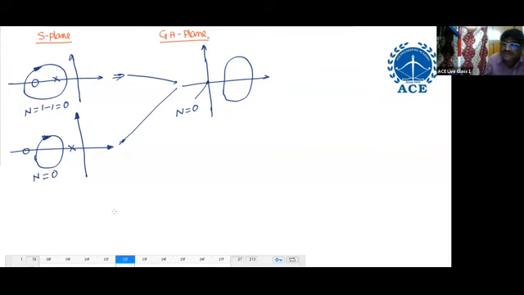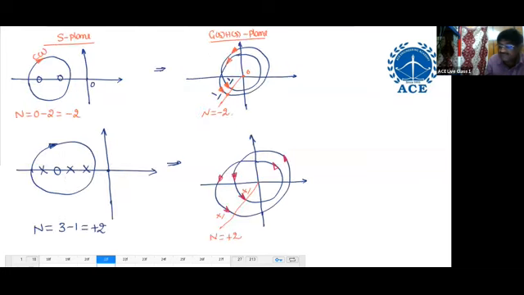The wrong direction I had taken. This is anti-clockwise. Oh, here clockwise, same direction. Sorry. Zero means no change in direction. No change in direction means clockwise only. Here clockwise. Very good, thank you.